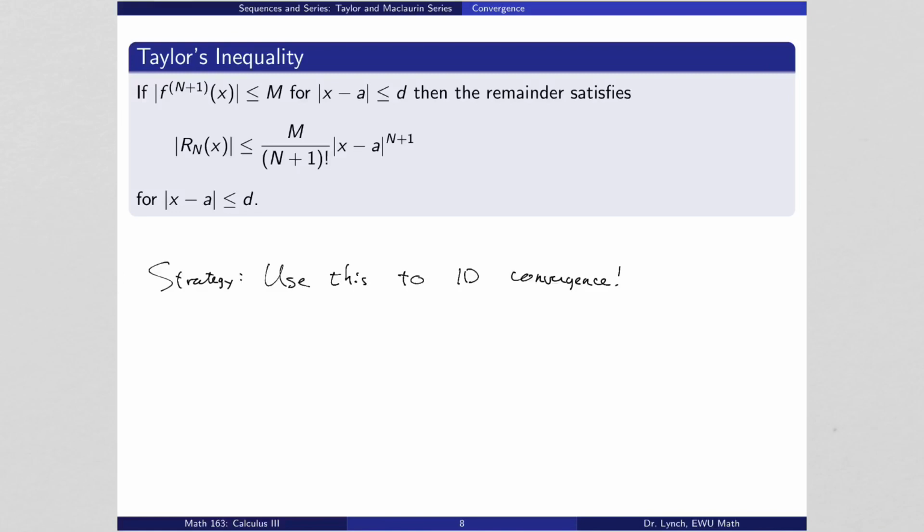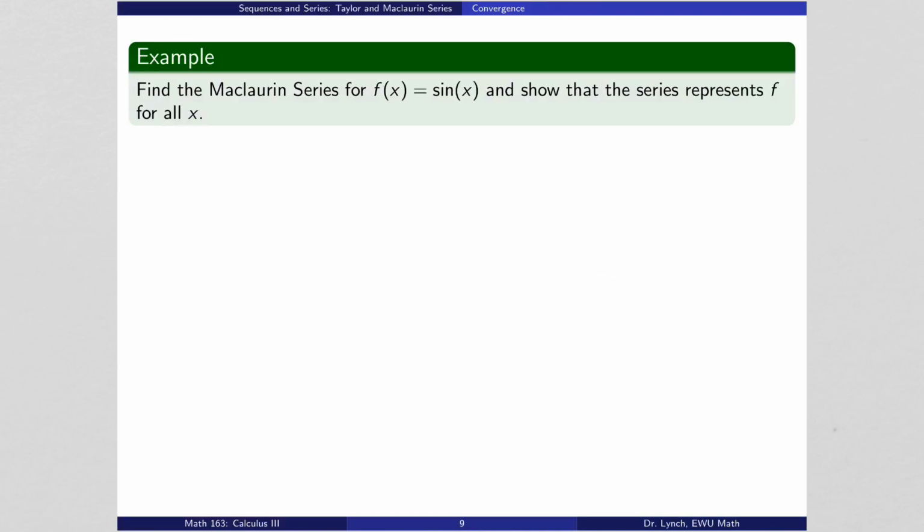And our strategy here is that we'll use Taylor's inequality to identify convergence of a function to its Taylor series. So here's an example we haven't looked at before, the series representation for the sine function, and we'll show that that series represents f for all x.